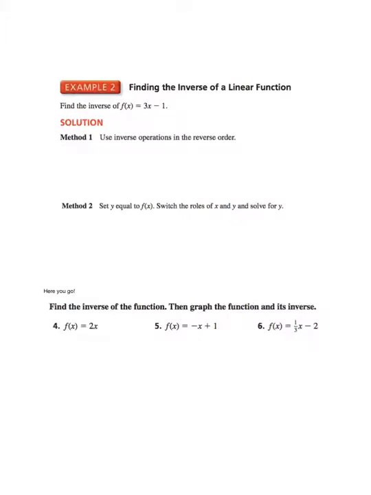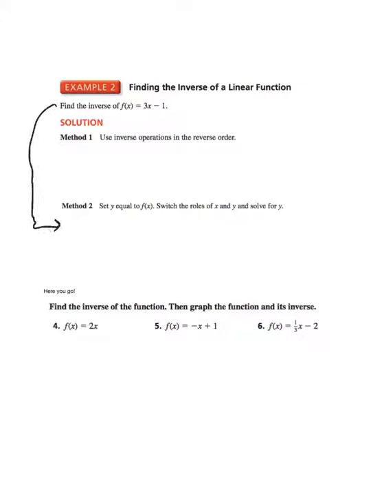So next page, example 2, it says find the inverse of this function. Well, believe it or not, we're going to do the same thing we were just doing. To do the inverse function, I'm going to do method 2 first.